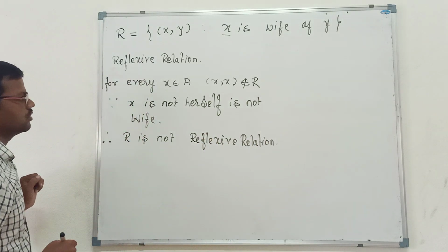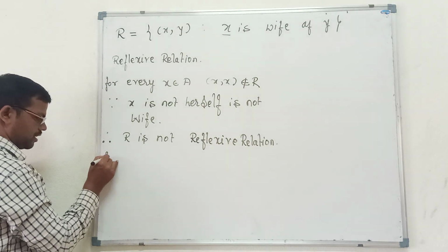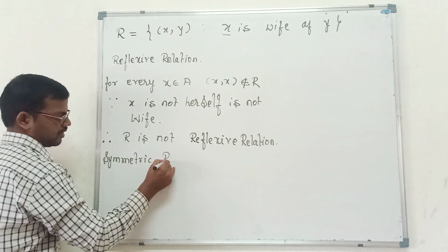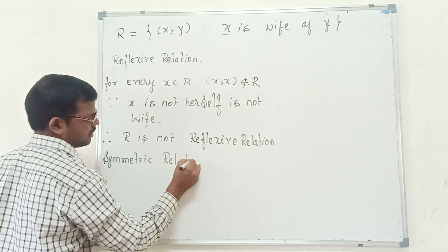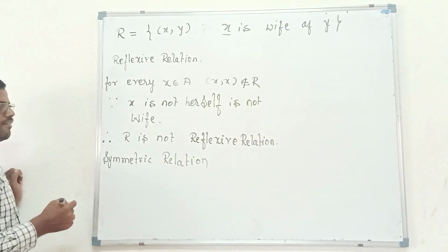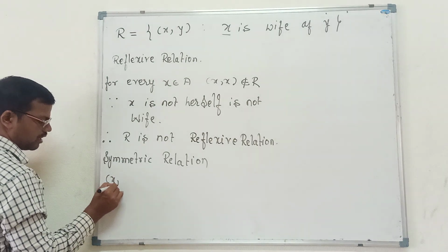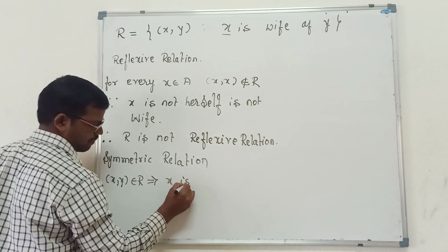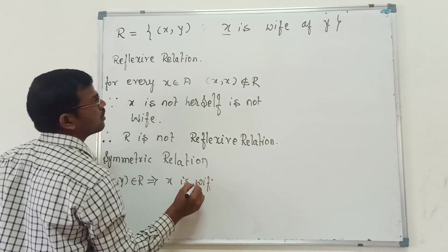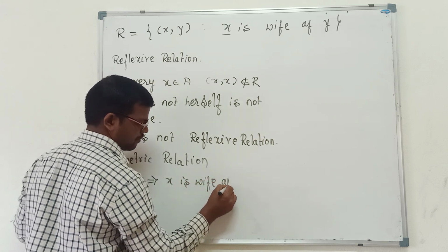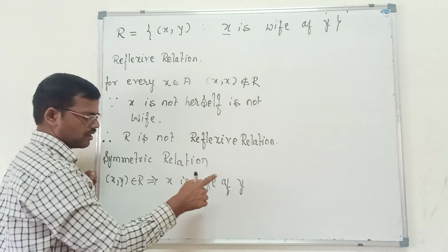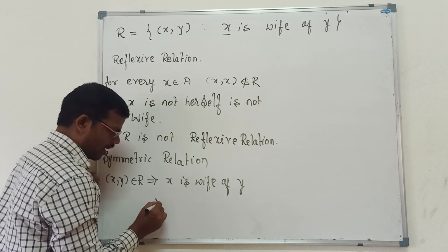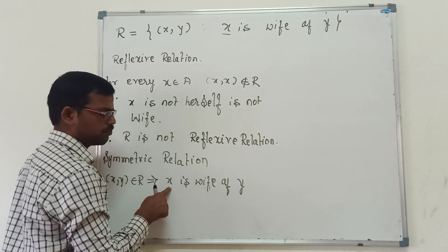So next we come to the symmetric relation. Here we should have one pair. Let me consider the pair (x, y) belongs to R. It implies that x is a wife of y. If x is a wife of y, it confirms that y is a man and x is a woman. So does y become a wife of x? No, it is never possible.